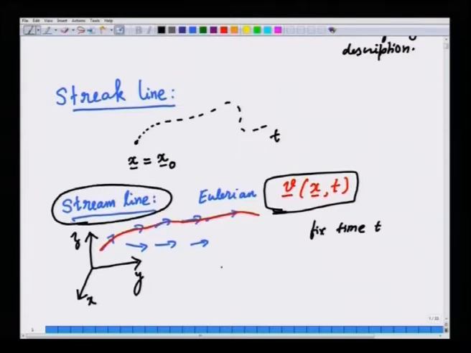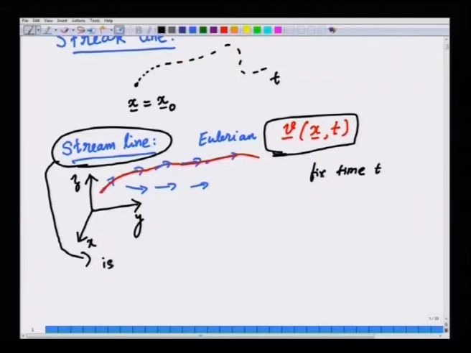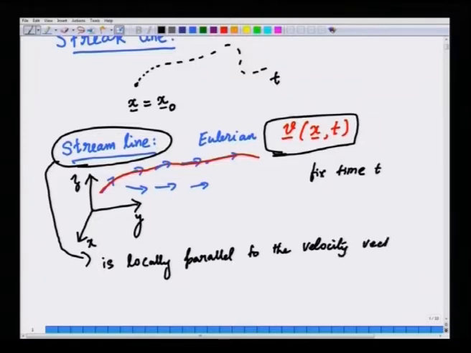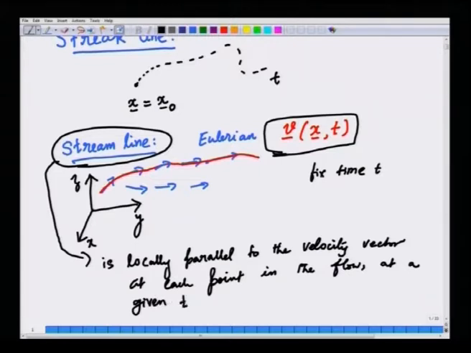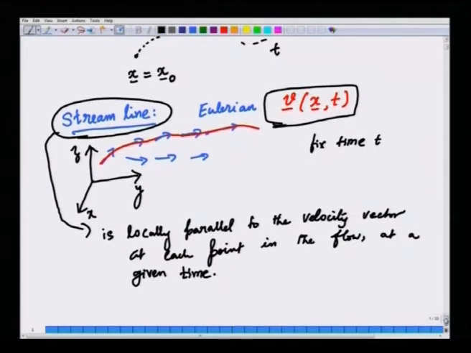A streamline is locally parallel to the velocity vector at each point in the flow at a given time. So, that is a streamline.